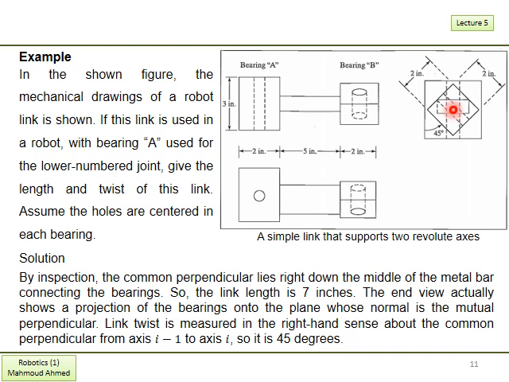The intersection will be accurately at this point where the pointer is fixed, because this is the intersection between the center lines of bearing A and bearing B. So at this point, we can see it lies right down the middle of the bar in between.